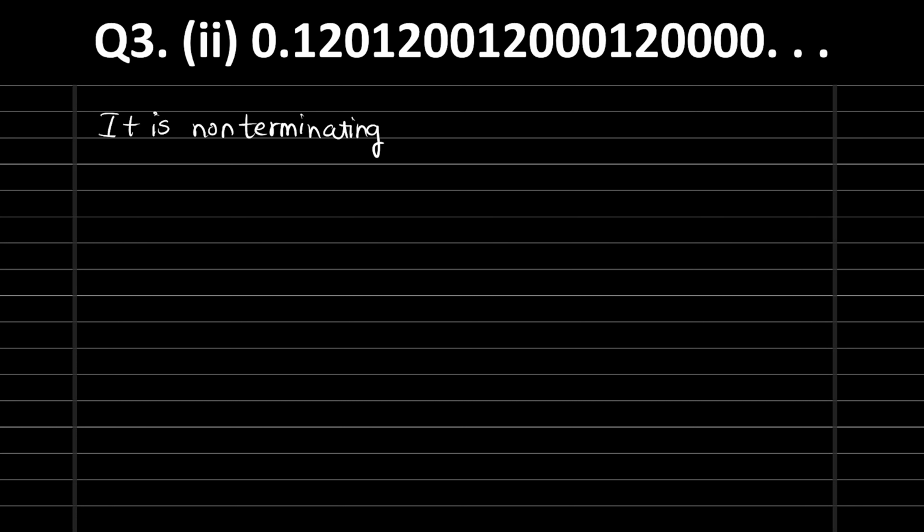as well as there are no set of numbers which are repeating, right? So we don't have any pattern over here. We cannot see any numbers which are repeating after the decimal point. So that's why it is a non-terminating, non-repeating decimal expansion.